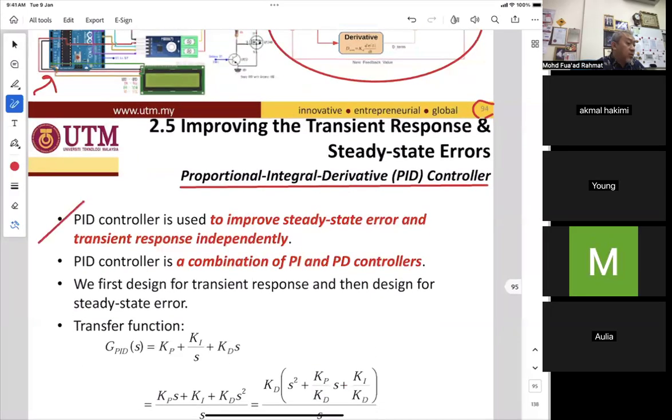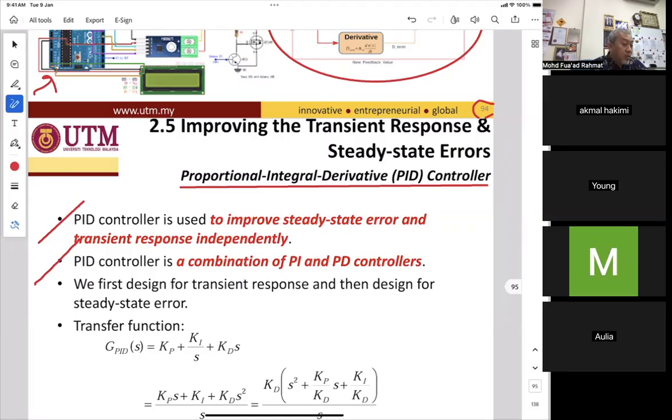That is to improve the steady state error from a finite value to zero, and improve the transient response independently, meaning from slower response to fast response. Both are done simultaneously in one controller. So we call it a PID controller, since it is a combination of PI and PD controllers.